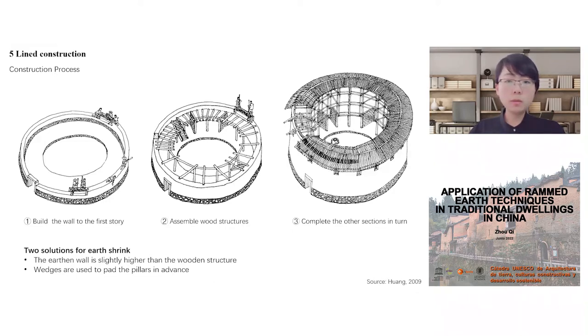One solution is to build the wall slightly higher than the wooden structure, and another is to use wedges to pad the pillar and take them away after the earth wall is completely dry. This delicate operation also brings higher difficulty to the construction, so the locals must hire professional teams to do this job.